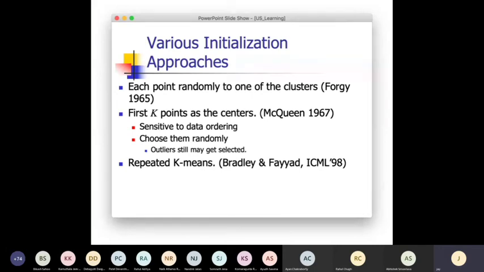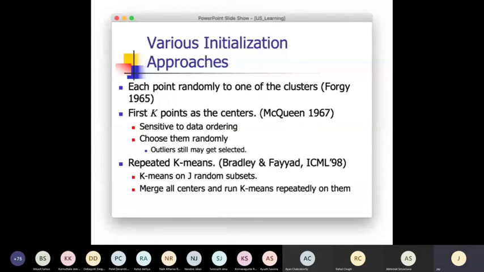Another thing you can do is perform k-means multiple times with different initializations, and then observe the commonality or consistency and choose a solution. In repeated k-means strategies, you run k-means on j random subsets, then merge all the centers and run k-means repeatedly on them. That means now you are running k-means on the centers only.